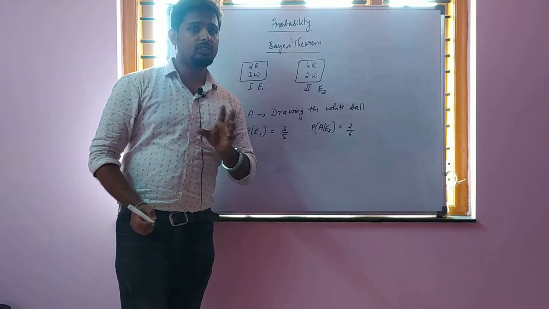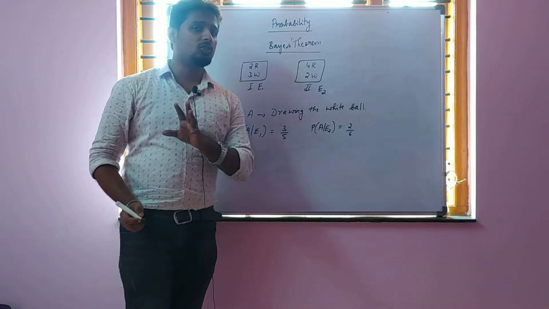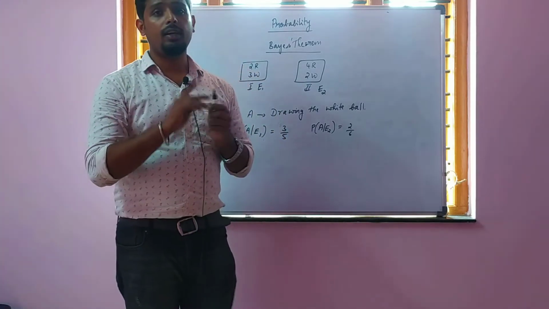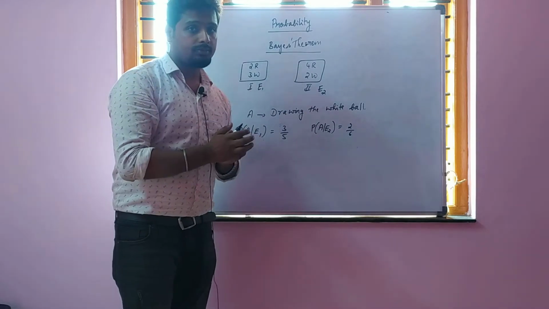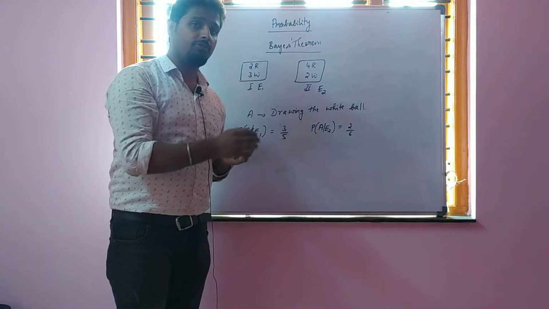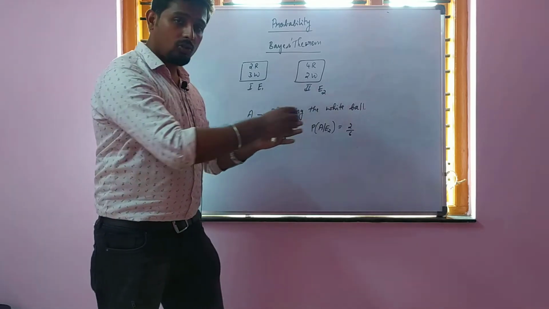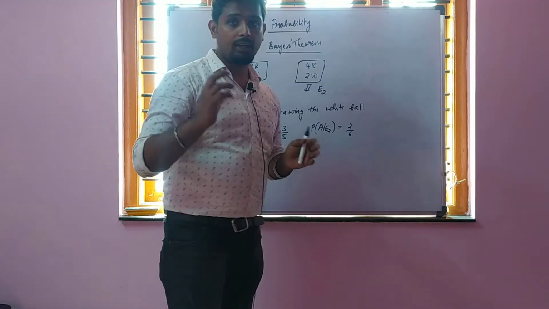If you see this question, you may feel that this is not the regular probability. Why not? Because here the bag is kept first, and after the bag is kept, all the balls are present in it. So we first go near the bag and then select the white ball.